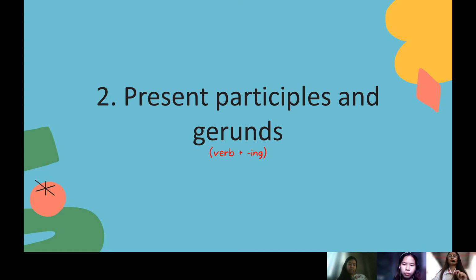We are going to use another mathematical equation for this one. Always remember that present participles and gerunds are formed using verb plus the ing suffix. Even though they are formed the same, they actually function differently.